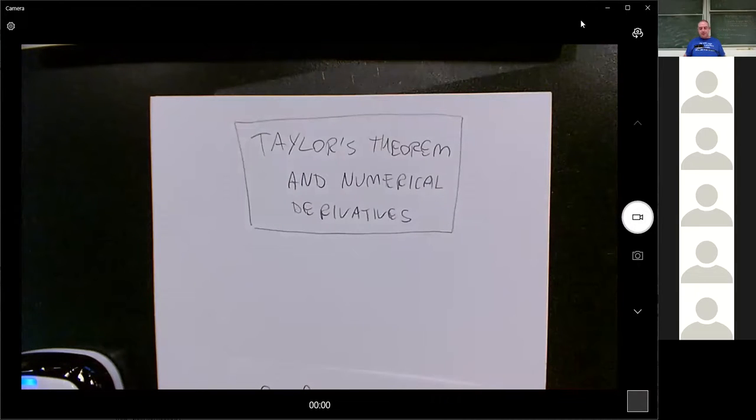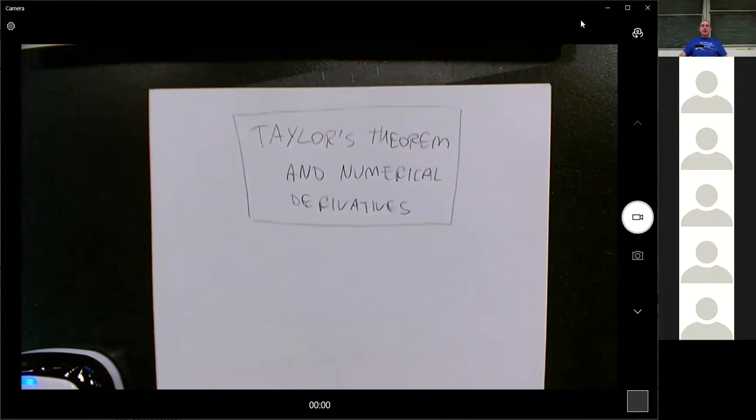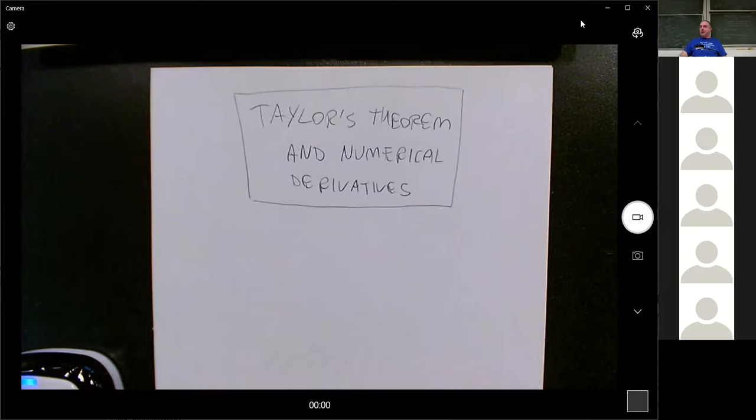That's what I've been asked about. I'm just going to start and say what I think Taylor's theorem says, and then we can line it up with what's in this course.